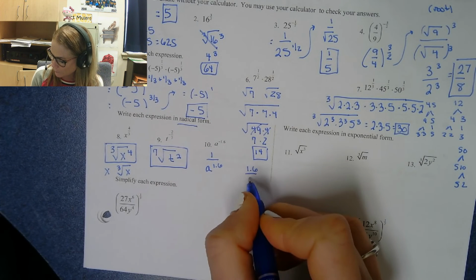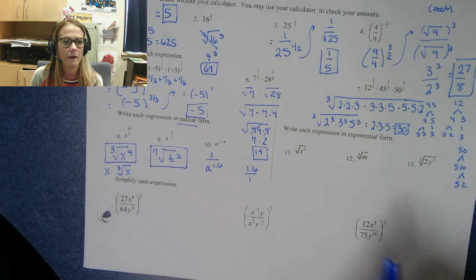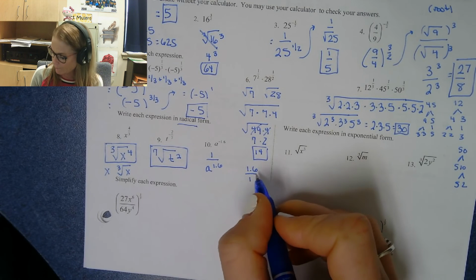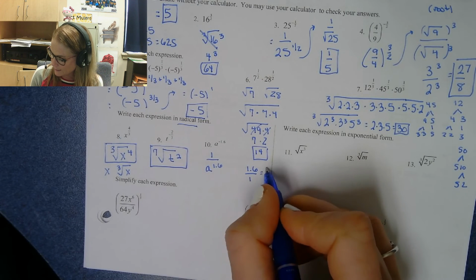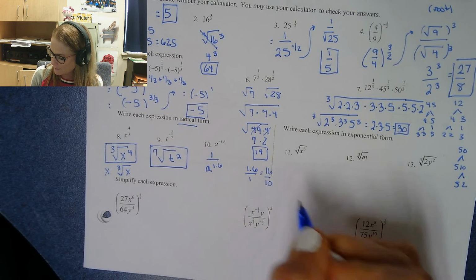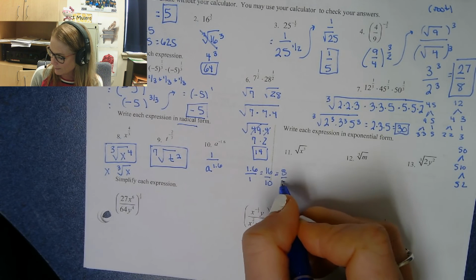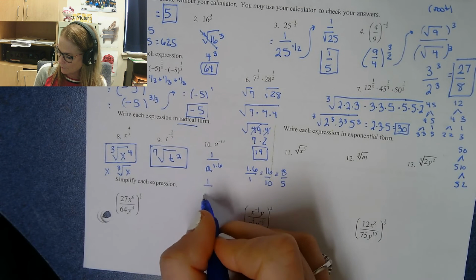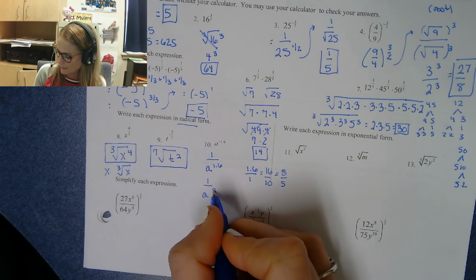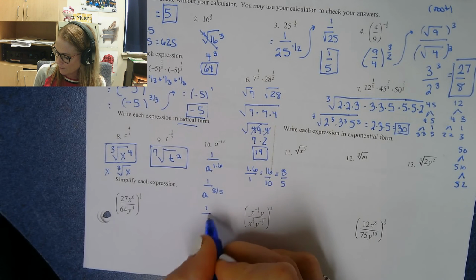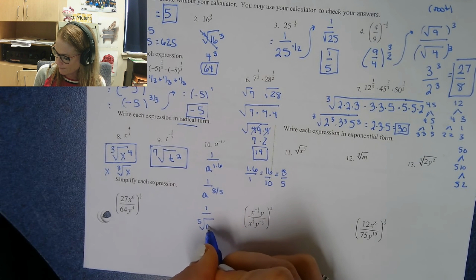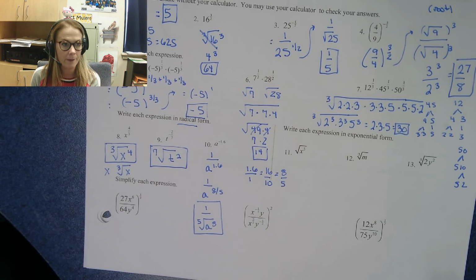Well, it's 1.6 over 1. All right, and if I were to multiply that by 10 over 10, I'd get 16 over 10. And if I were to reduce that, I'd get 8 over 5. So this is 1 over a to the 8 over 5, or 1 over the 5th root of a to the 8th. Okay?